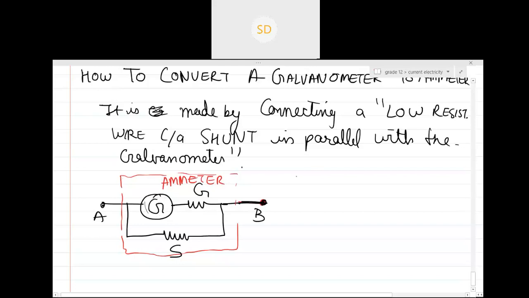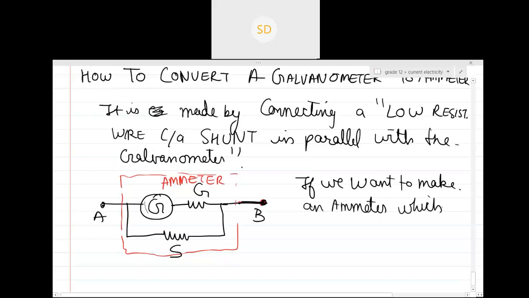So suppose we want to make an ammeter which can measure a current up to IA.